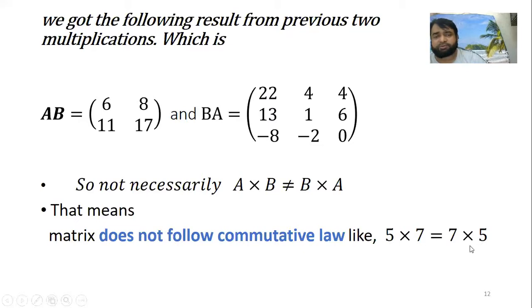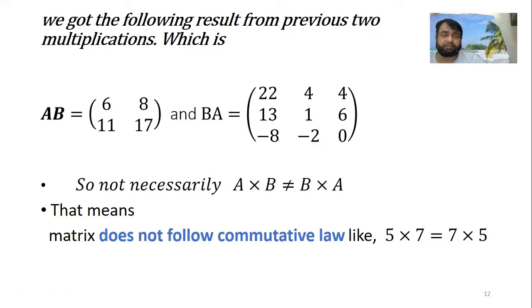So they are commutative. That means normal numbers follow the commutative law when multiplied. But when we multiply matrices AB and BA, we see they are different, so matrices do not follow the commutative law.